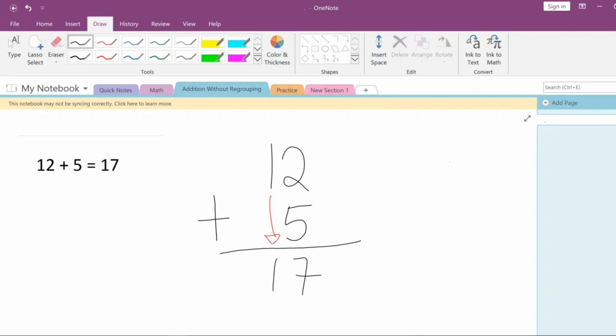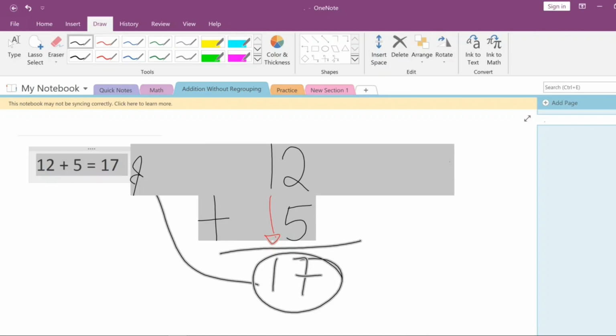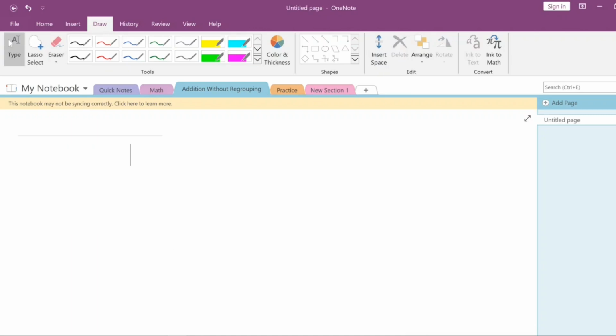So the answer is 17. Here is another example. 10 plus 17. So the answer is 27.